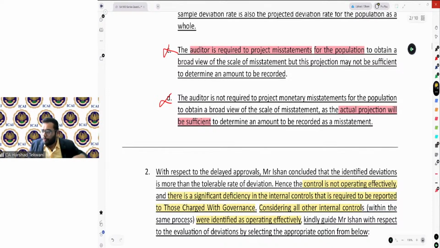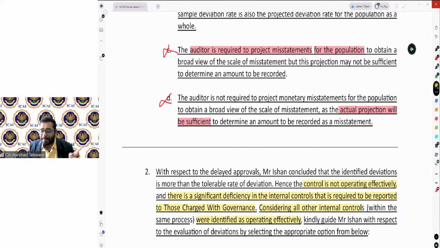So, when I talk about the deficiency, I refer to SA 265 that talks about the definition of deficiency in internal control that says that the deficiency in the internal control exists when a control is designed, implemented, or operated in such a way that it is unable to prevent, detect, and correct misstatement in the financial statements.